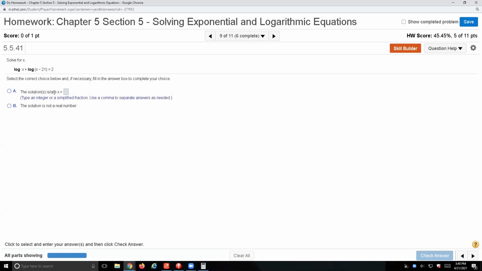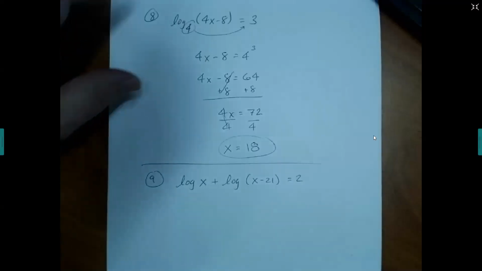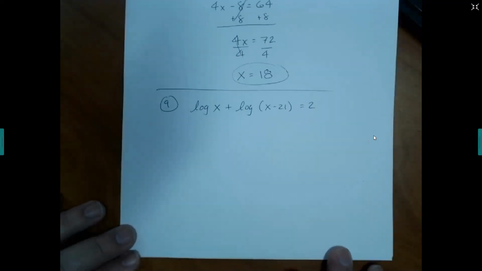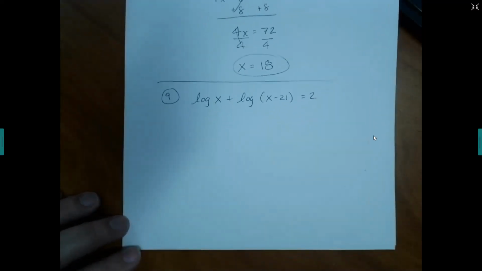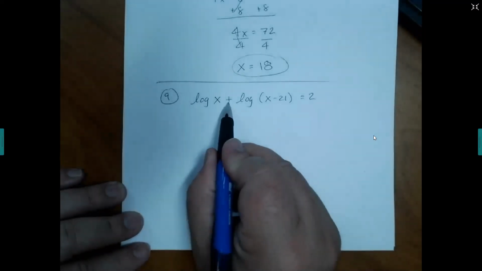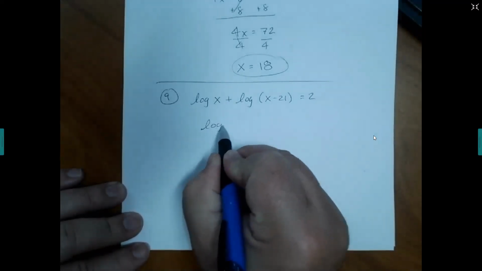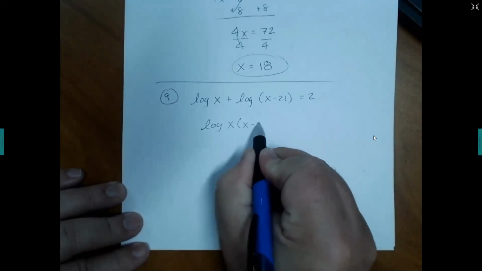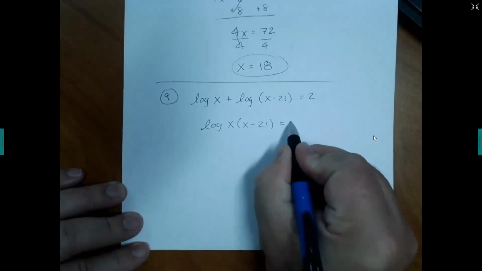Number 9, solve for x. Log of x plus log of x minus 21 equals 2. Since there are 2 logs, it's log x times x minus 21 equals 2.